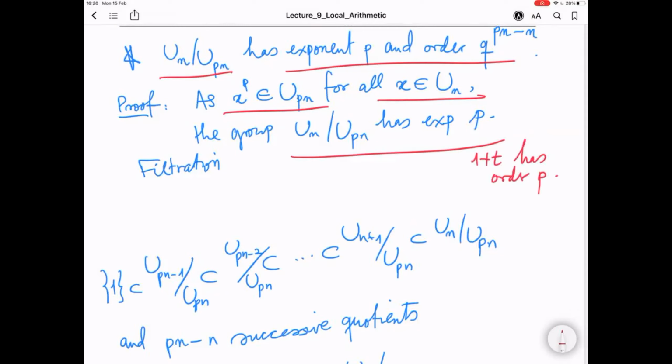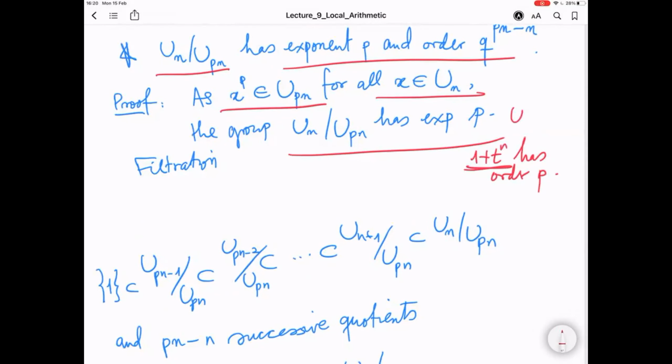The image of 1 plus t to the n, I should take, in un modulo upn, is an element here which has order p, and therefore the exponent of this group is exactly p. In other words, this group is not trivial.